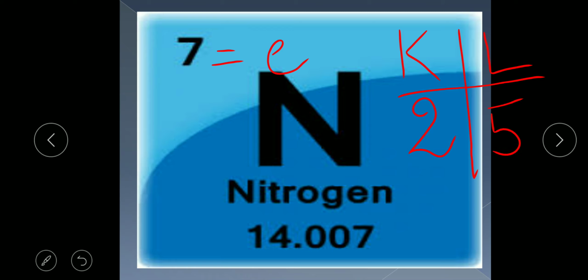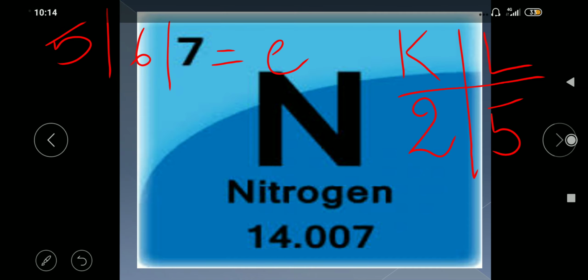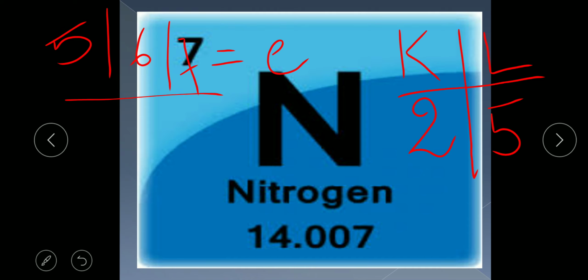Now you have to tell me, when it has 5 electrons, will it give 5 electrons or will it take 3 electrons? Definitely, when the outermost shell has 5, 6, or 7 electrons, this one will take 3 electrons, this one will take 2 electrons, and this one will take 1 electron.